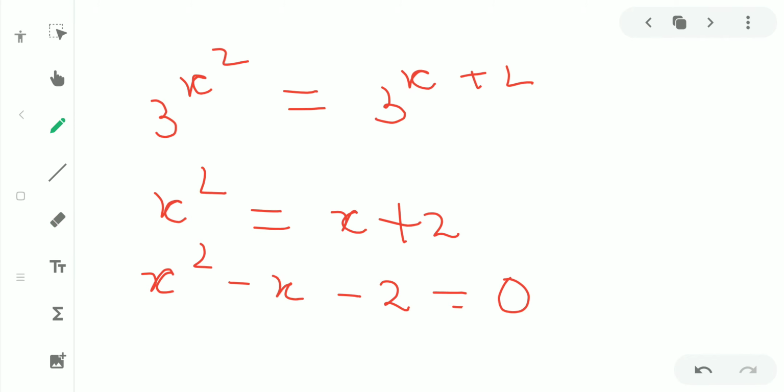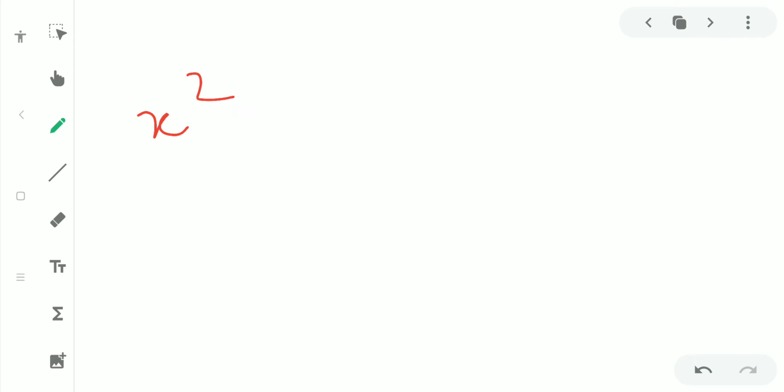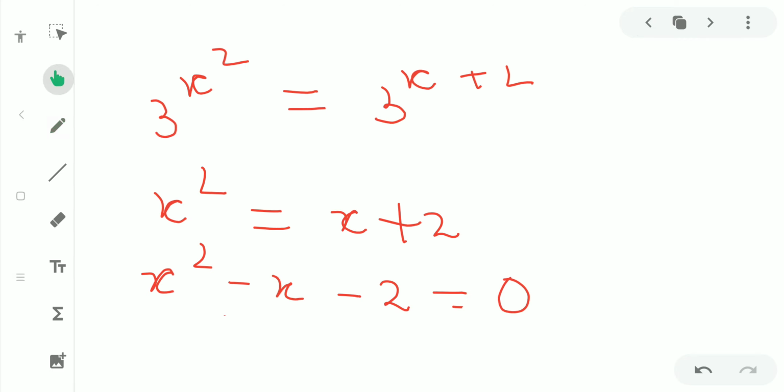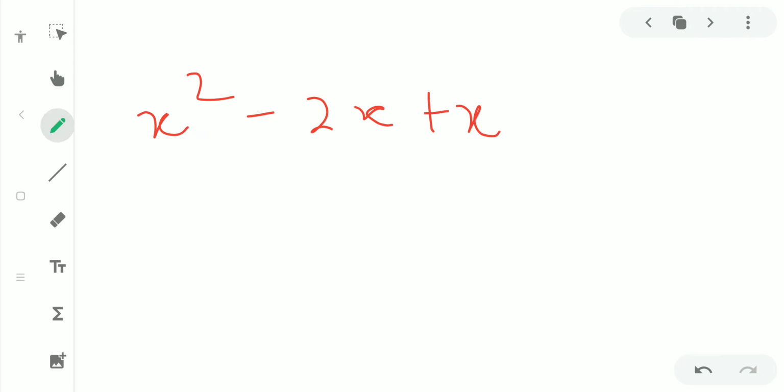So now let us write it as x square minus 2x plus x. The x term I am splitting here, and minus 2 is equal to 0.